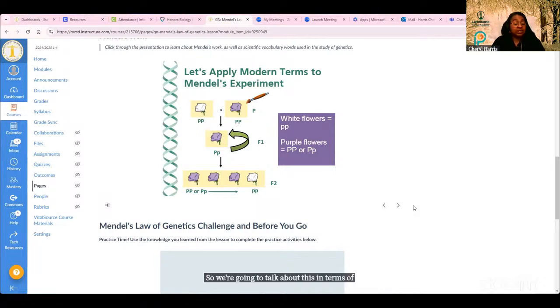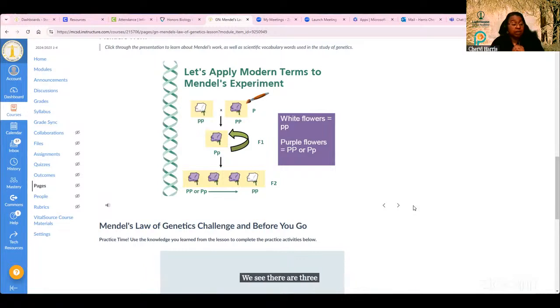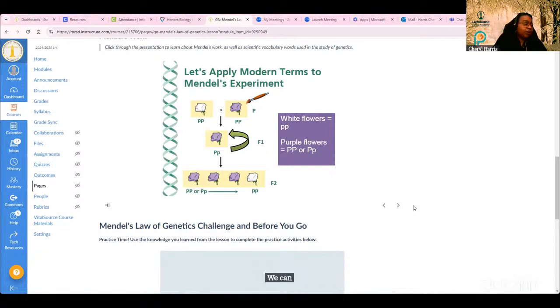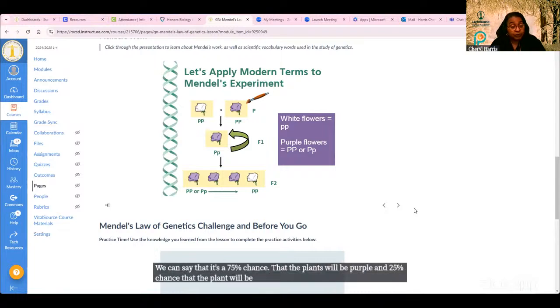When we look at the second generation, we see there are three different plants that we're going to turn up purple, and one plant that's going to turn up white. So we're again looking at this a couple of ways. We can say that it's a 75% chance that the plants will be purple and 25% chance that the plant will be white flowered.